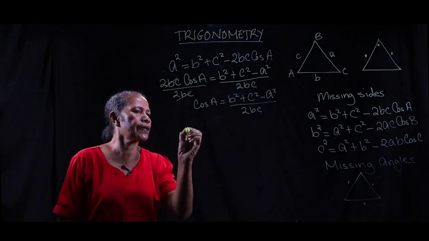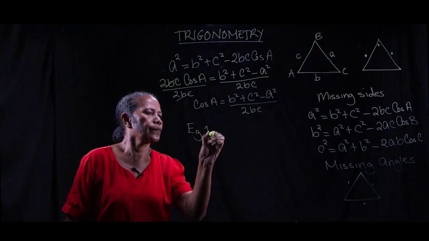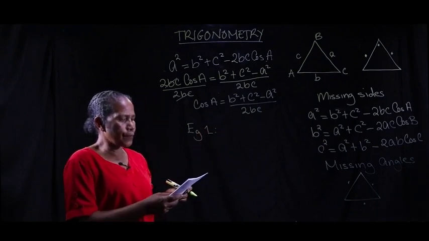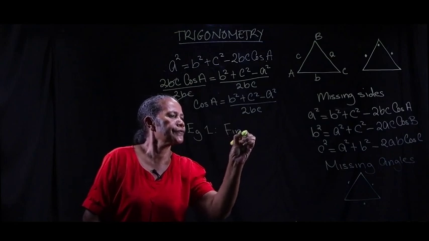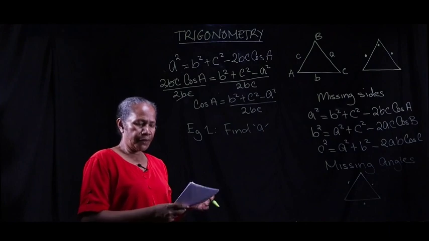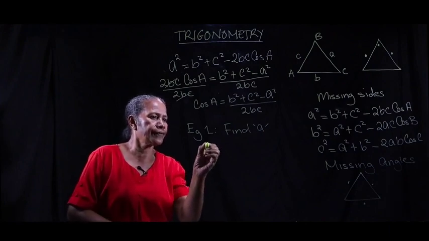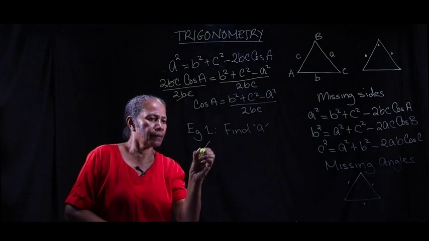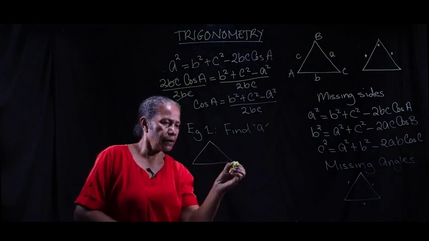Okay, so example number 1, we are going to find side A. So let's look at our triangle. This is our triangle.